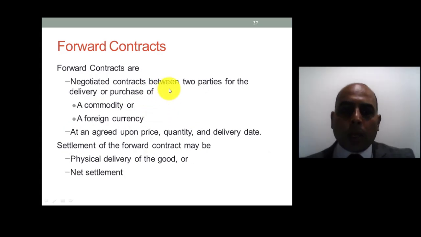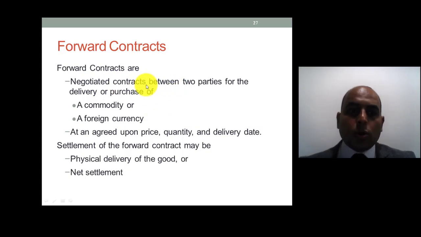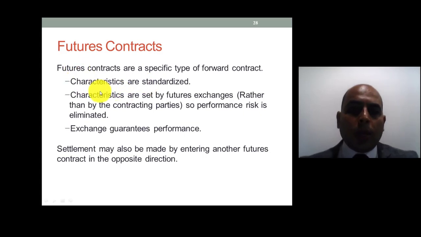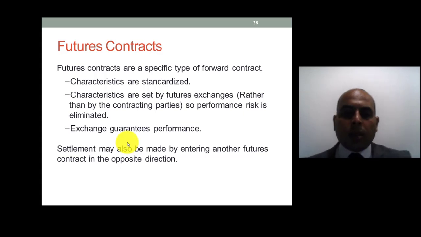In forward contract, you negotiate with someone else, so you can create whatever you want. But here we are talking about standardized, and we have a future exchange guaranteeing performance. Settlement may also be made by entering another future contract in the opposite direction.